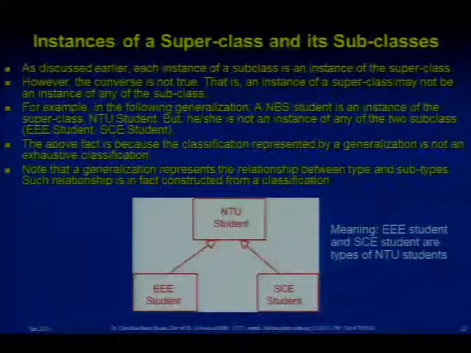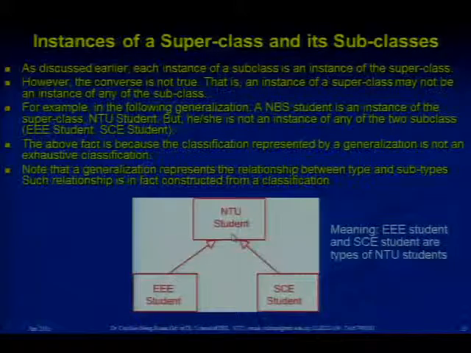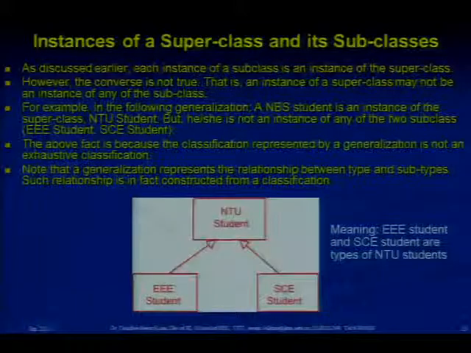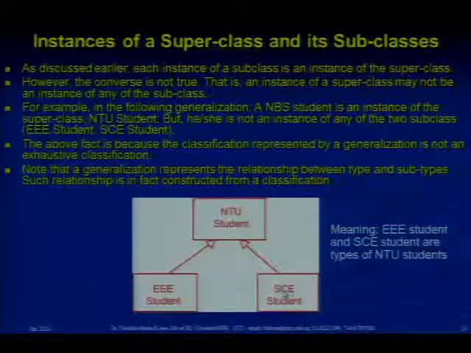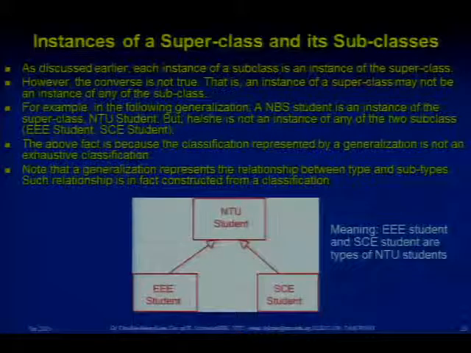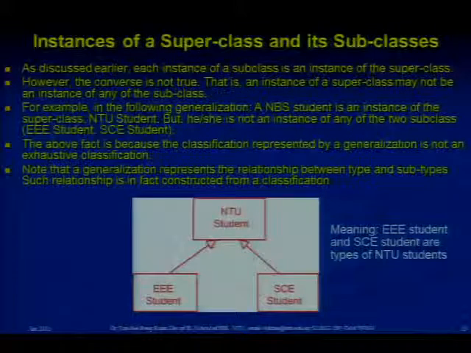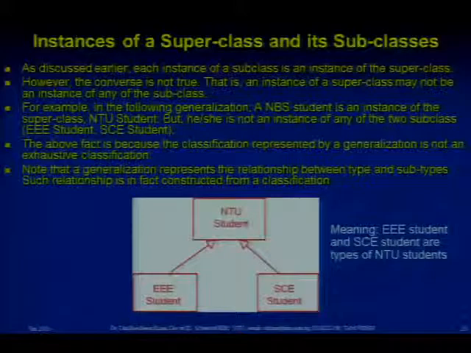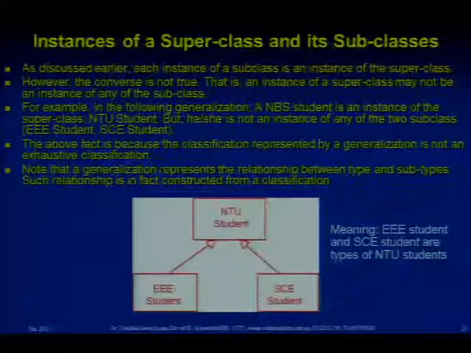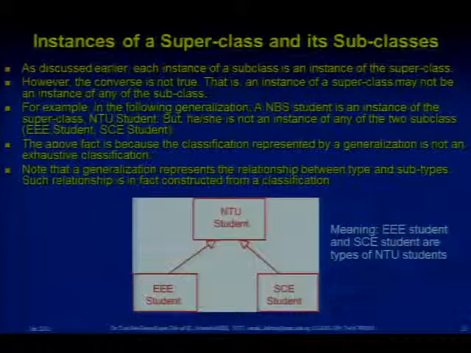But the other way around may not be true. An NTU student may not be a student of EE, and may not be a student from SCE as well. In other words, although each instance of a subclass is definitely an instance of the superclass, an instance of the superclass may not be an instance of any of the subclasses. So this is another important point.